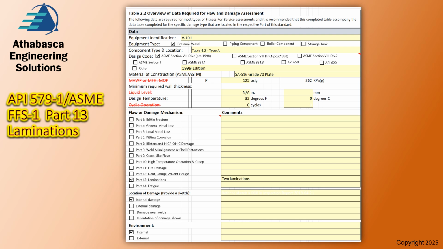There were no cracks. We don't have a creep issue, so we don't have to review Part 10, and so on. There's no fatigue, so we don't have to go to Part 14. The damage is classified as internal, but it's really not inside the vessel. It's internal to the part. So the environment, there's an environmental pressure inside the vessel, so it's not going from the inside out.